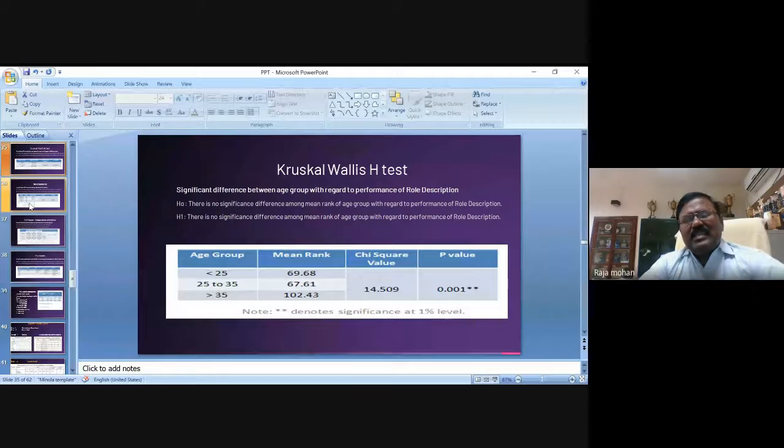And as far as Kruskal-Wallis is concerned, we require more than two groups. Suppose the population is rural, urban, semi-urban, and you want to test the awareness of the consumers, you can test rural consumers, urban consumers, and semi-urban consumers. Here they split the age group, see up to 25, 25 to 35 and above 35.